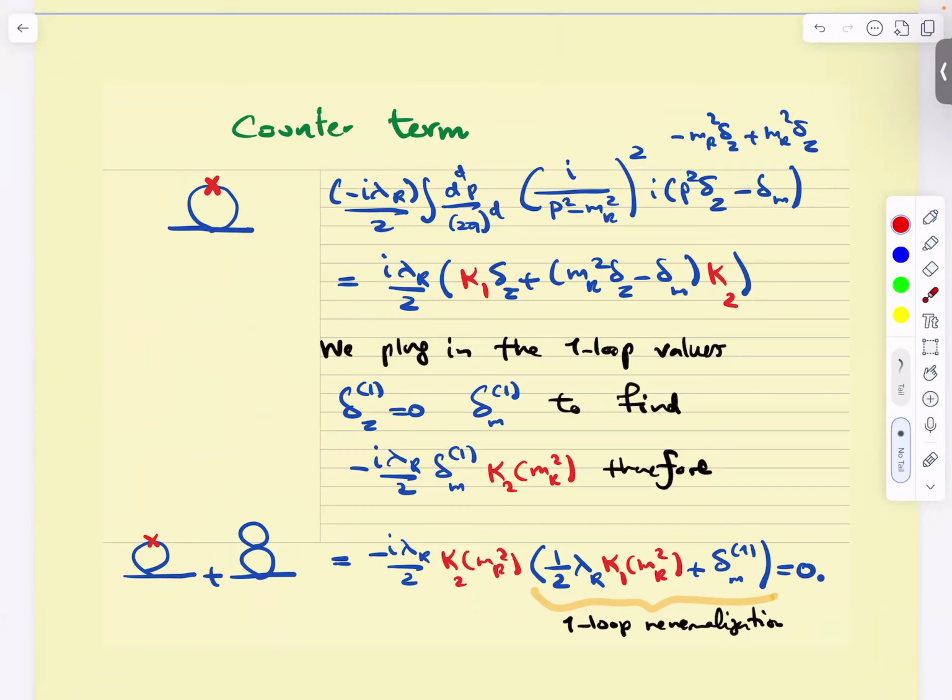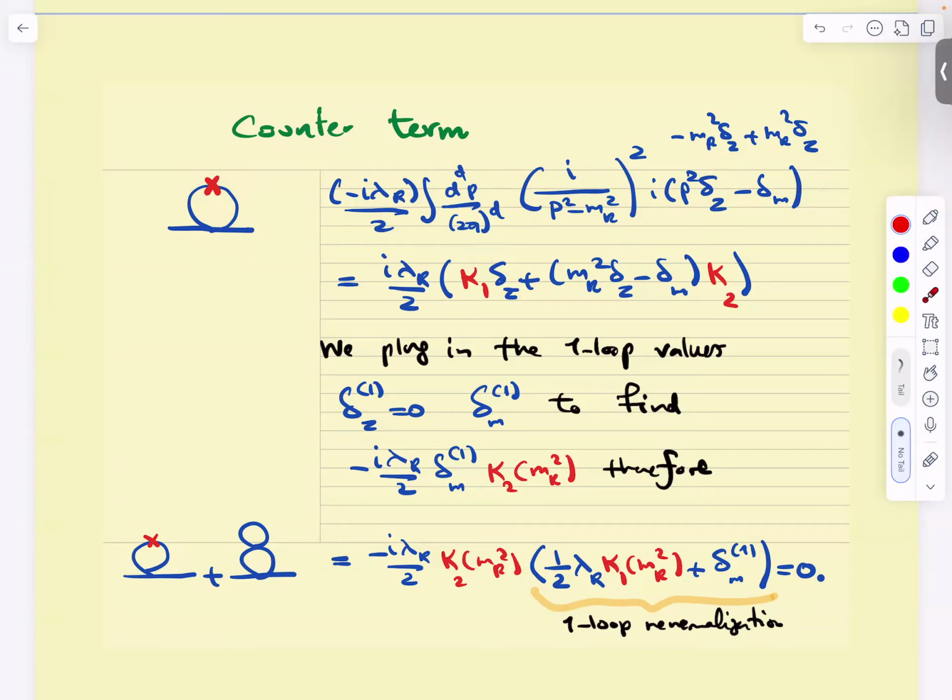Okay, so let's calculate this counterterm. What is it? Minus i lambda over 2, because there's one vertex. Integral over p, there's a p running in the loop, and then i over p squared minus m squared, there are two of these propagators here and here. And then the counterterm, this cross, that is i times p squared delta_Z minus delta_m.